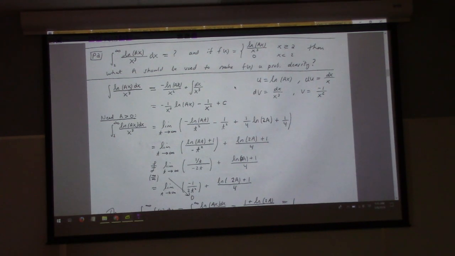And with that modification, that doesn't change anything about the part that goes to 0, right? But it will change the, that puts a 2 out front as well. That just makes that an 8, right? The fourths become eighths, is that right? Yeah. So we should have natural log of 2a.